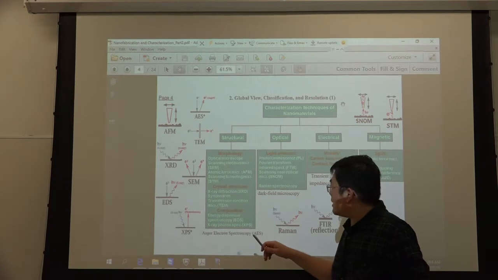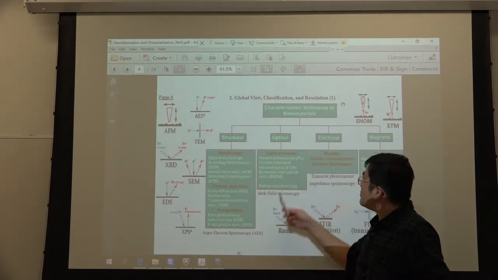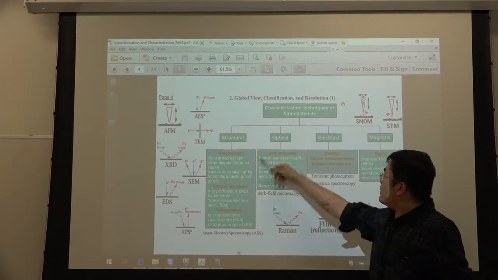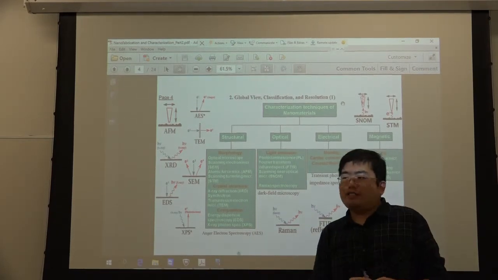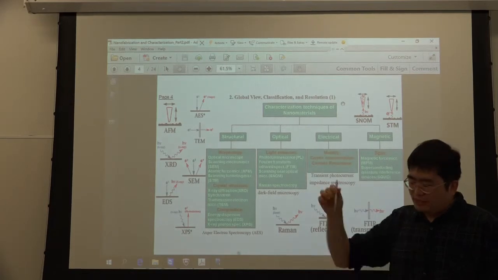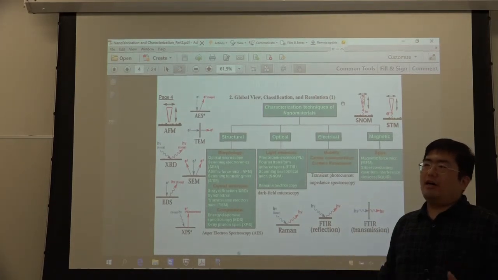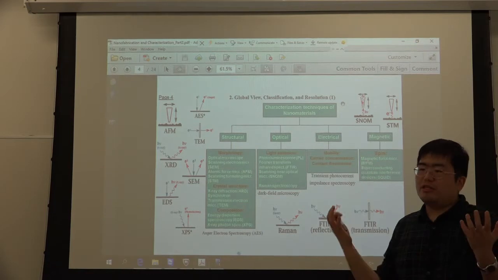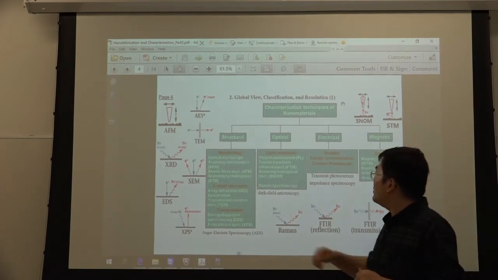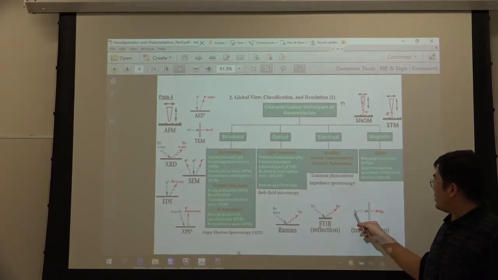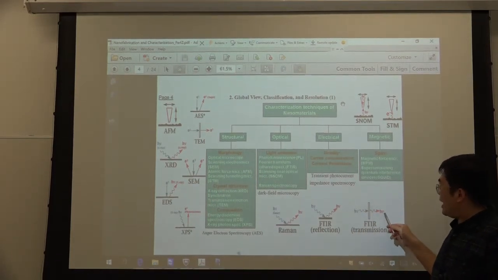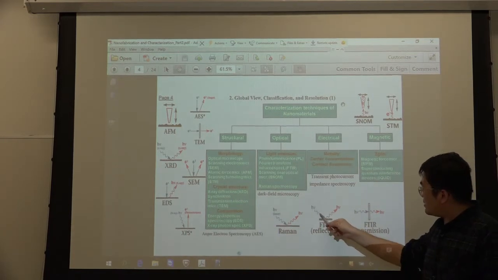Another example, about the optical part: we have photoluminescence, the very famous PL spectrum. You use high frequency light to excite the sample and see the decay rate and the emission light. This is PL. Another is Fourier transform infrared spectroscopy. A photon is incident and a photon comes out; it's a transmission or reflection spectrum.